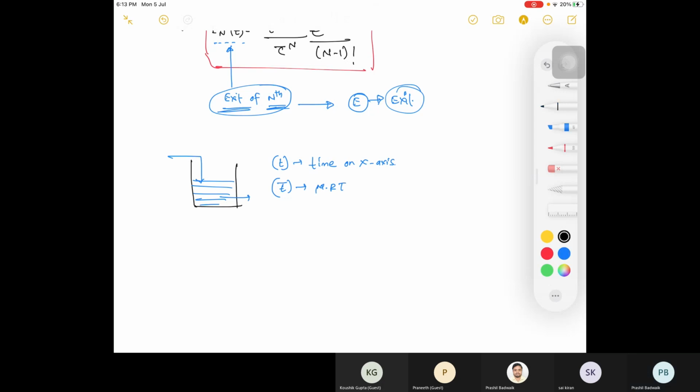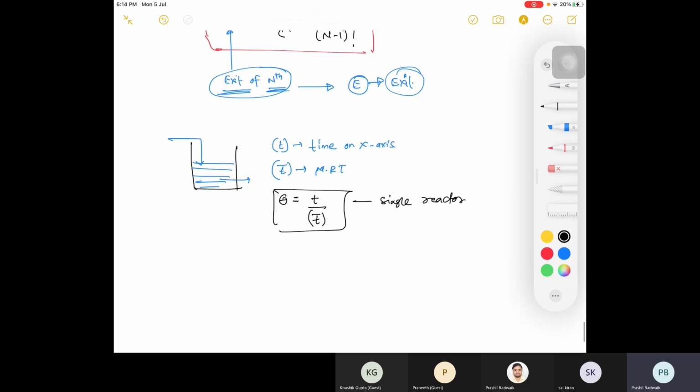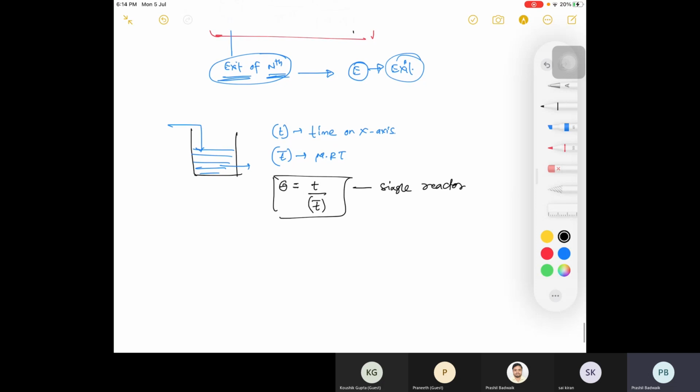Then you wrote theta. What is your theta? Theta is t by t mean, and this is for a single reactor. This is your dimensionless time for a single reactor.